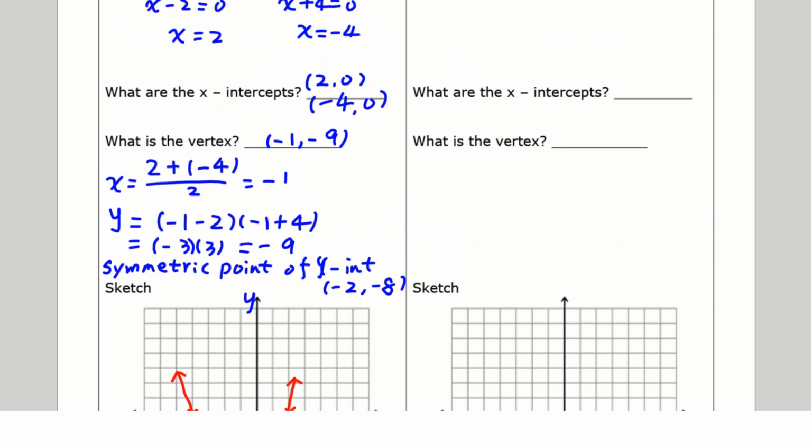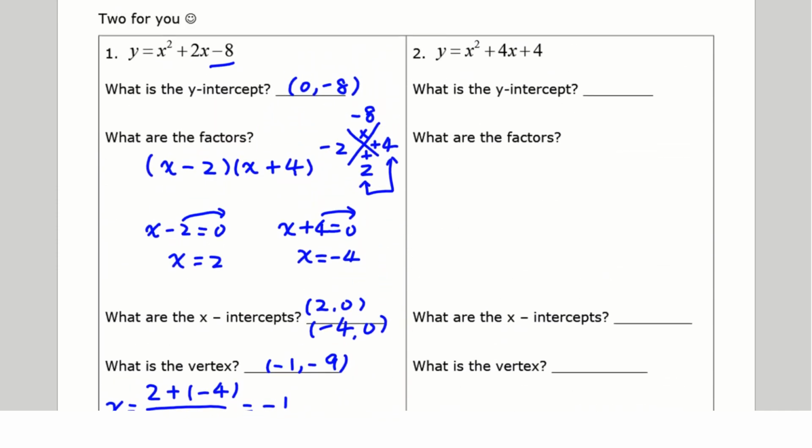Then the next one. Find the y-intercept: it is (0, 4), the last number. And for the factors, we are going to find two numbers that multiply together to 4 and add together to 4. You will see 1 and 4 doesn't work, but 2 and 2 does.